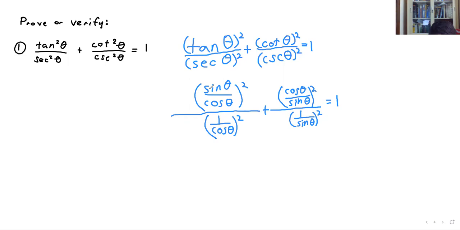So now we will revert back to the original form, which is the function and then squared after it. So we'll just substitute sine squared theta.